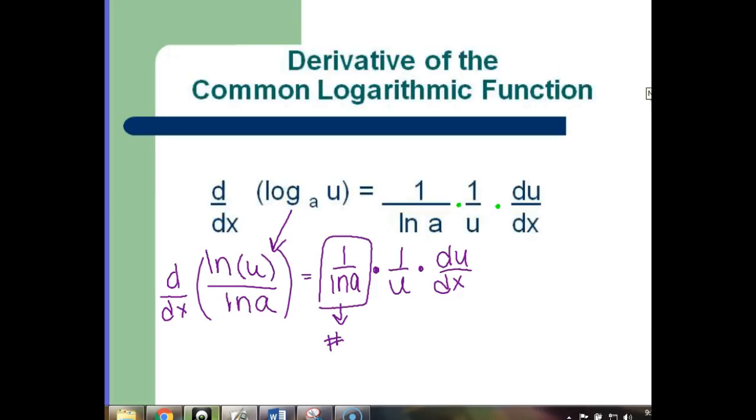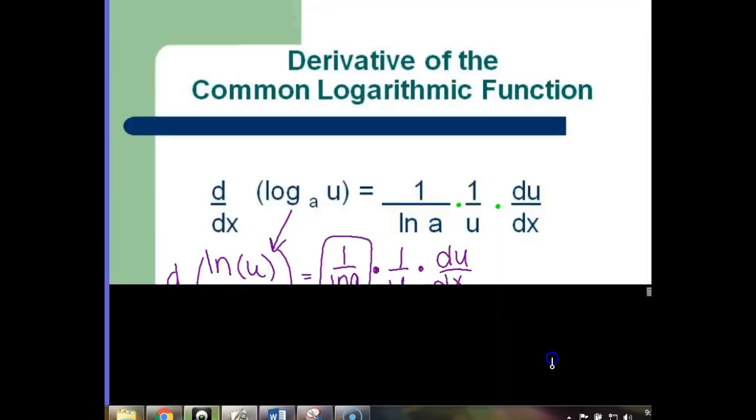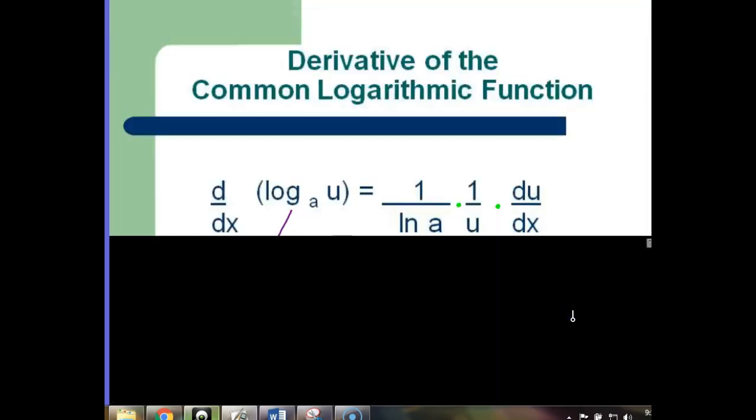Okay, so here's what I want to start with, which is the basic log rule. And then we're going to talk about how you could change this and find this.